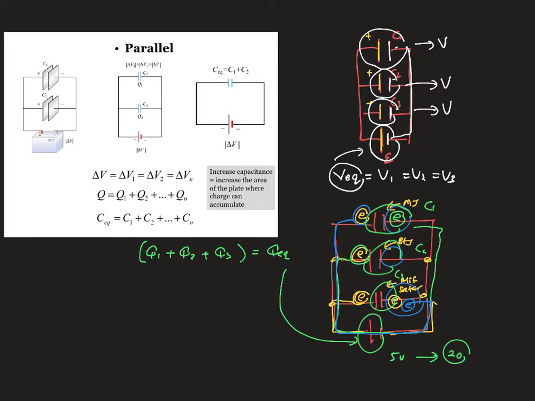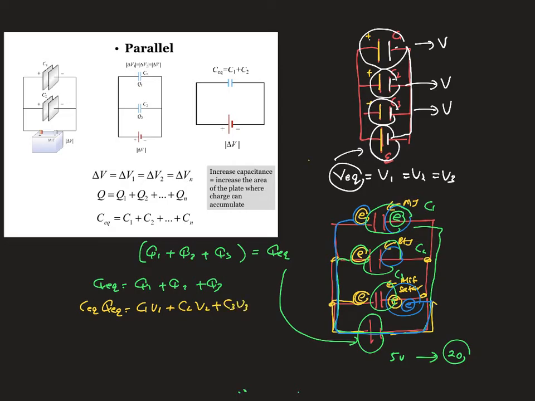So what is the formula for capacitance? You know that Q equals CV. Q equivalent equals Q1 plus Q2 plus Q3. From Q equals CV, you get Q equivalent equals C1 V1 plus C2 V2 plus C3 V3.